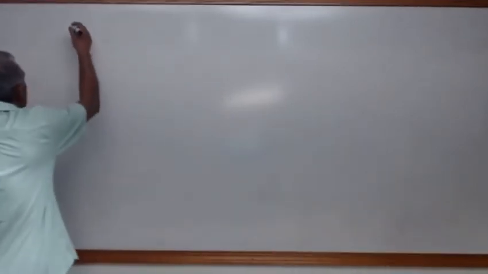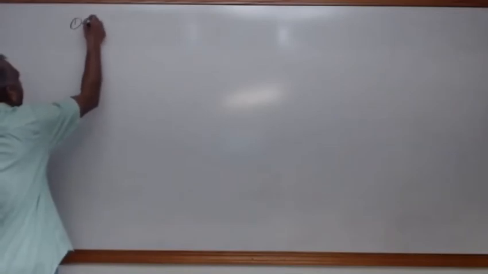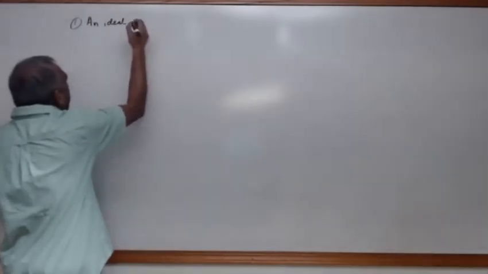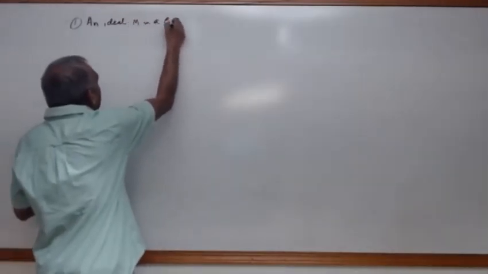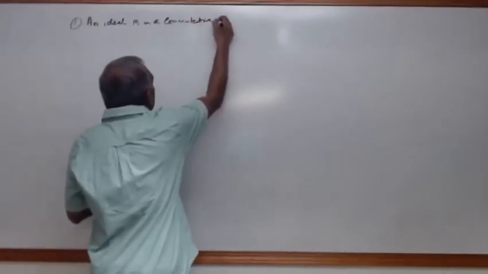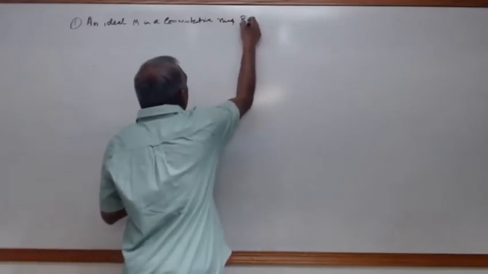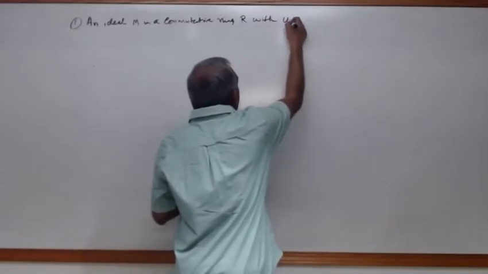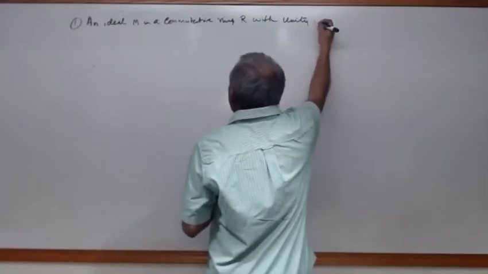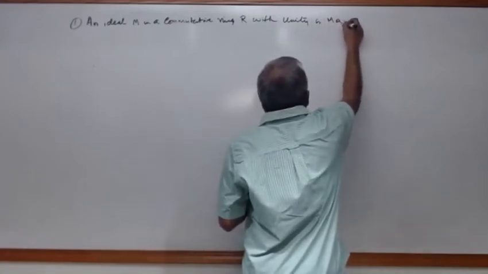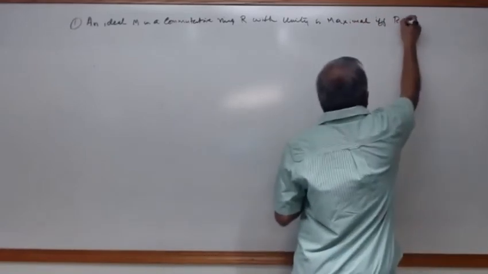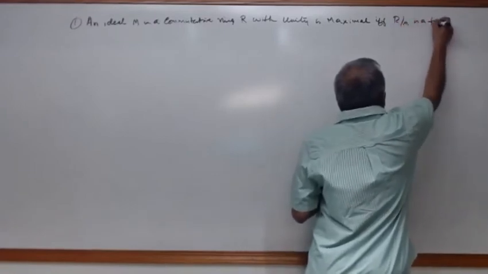The results we arrived at are: an ideal M in a commutative ring R with unity is maximal if and only if R/M is a field.